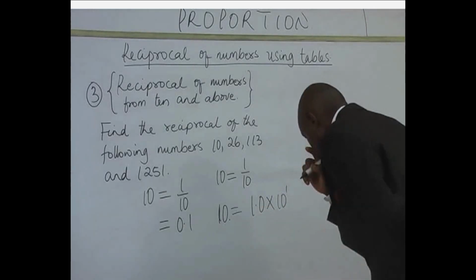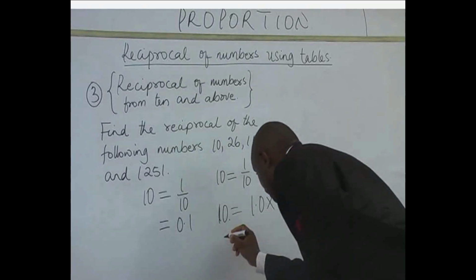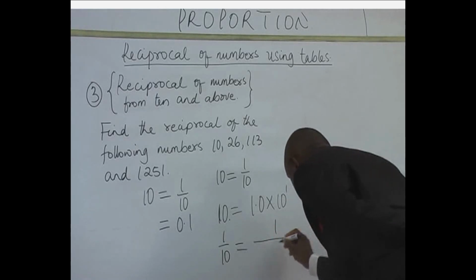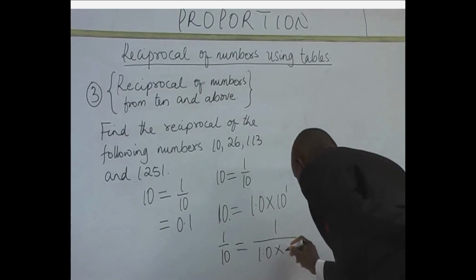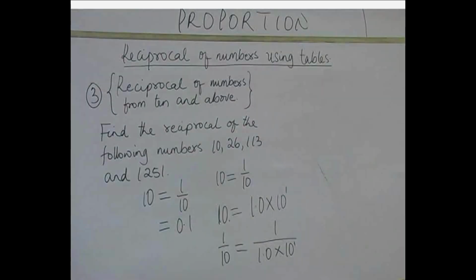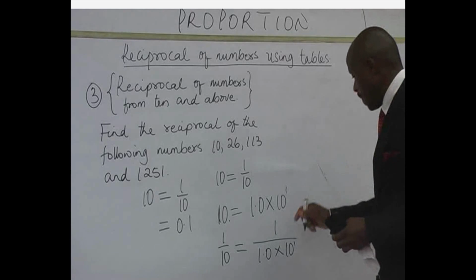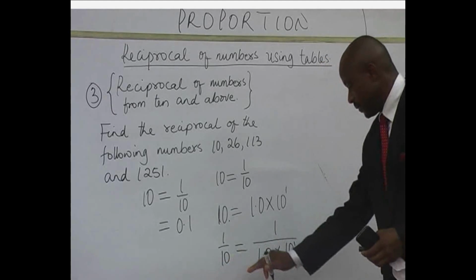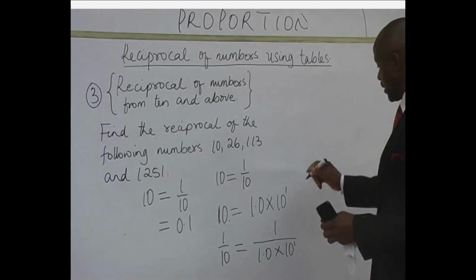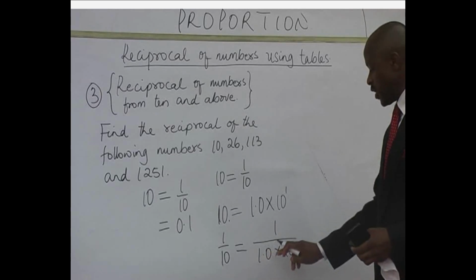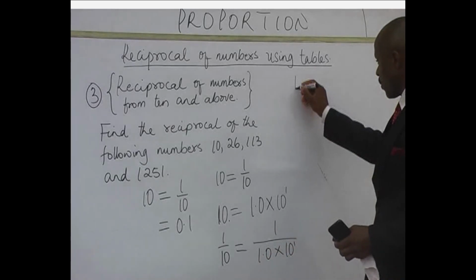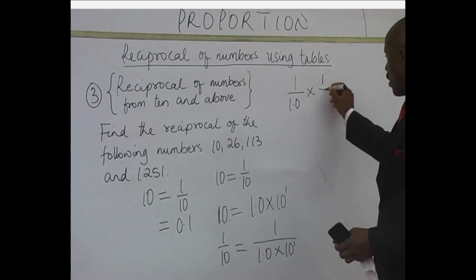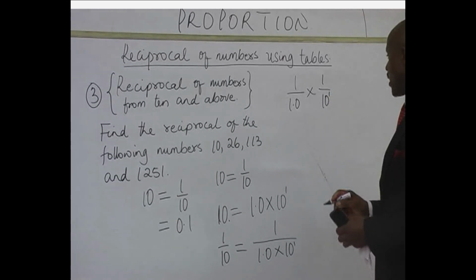Now that you have this, the reciprocal means 1 over 10. It's the same thing as 1 all over 1.0 times 10 exponent 1. We are leaving the left hand side of the equation for now, and taking this because this is equal to this. 1 all over 1.0 times 10 exponent 1 means 1 all over 1.0, then times 1 all over 10 exponent 1.